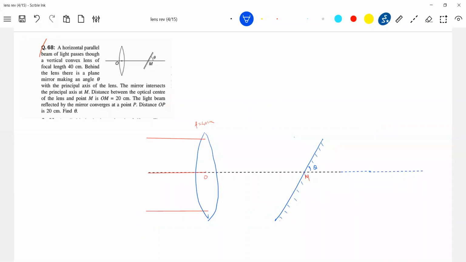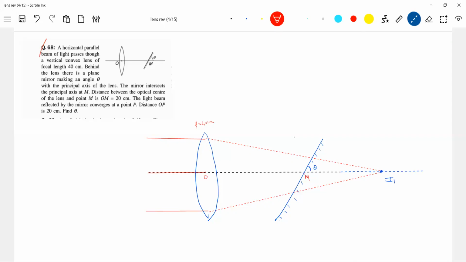So this will be the focal length, no? Focal length of this. So the image, call it I1. The rays want to converge at that particular point. Let me put it dotted for the time being. Now the mirror will reflect those rays.